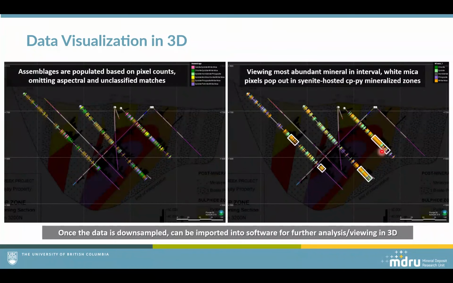And in this case, highlighted white mica that correlates with some higher grade copper zones. And interestingly, we think, at least at first glance, this is rock type dependent, because these almost exclusively occur in syenites, where white mica alters the feldspars.